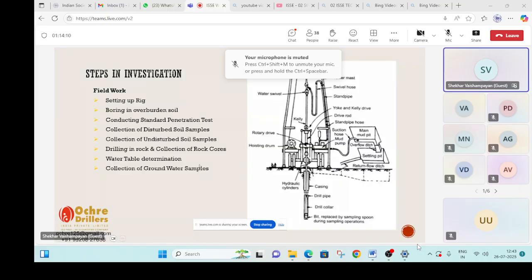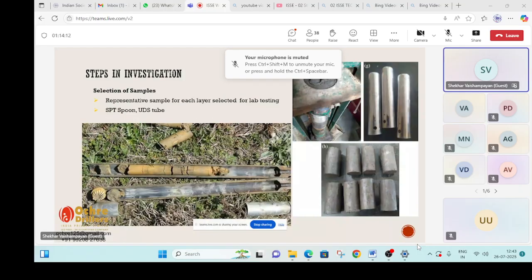To show you typically, in the collection of samples, we are showing you two cases. Representative sample of each layer is collected for the lab testing. You can see the SPT spoon is opened up here, and the soil sample is collected in this spoon. This part of the sample is placed outside, and this is the shoe on this side, and this is the head.